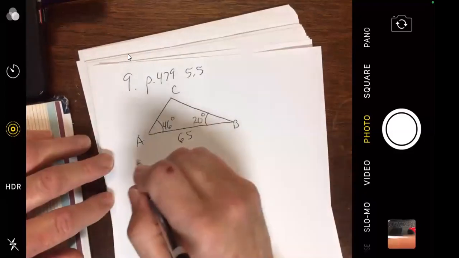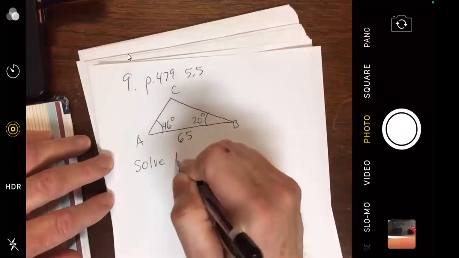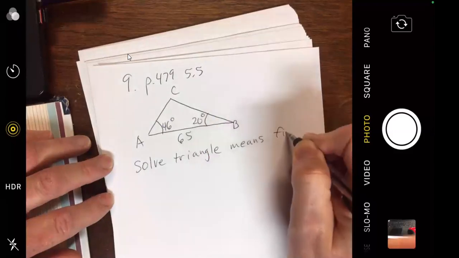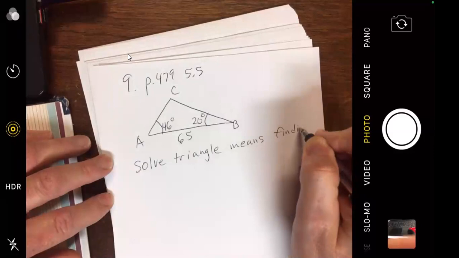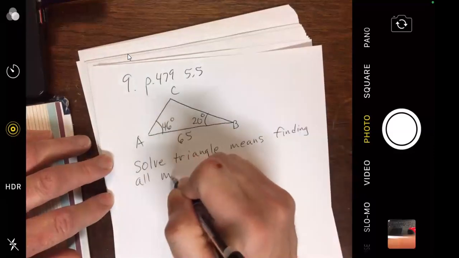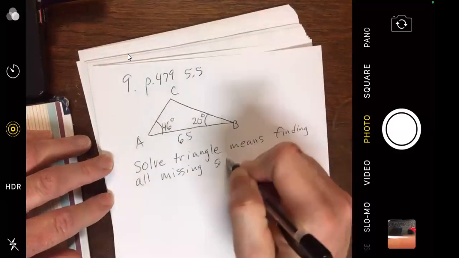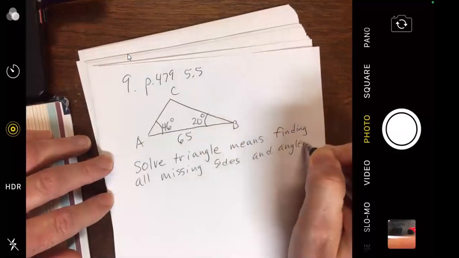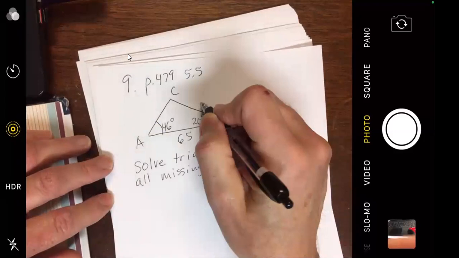Now, solve the triangle. Solve triangle means finding all missing sides and angles. So I'm going to come across there and call that little a.